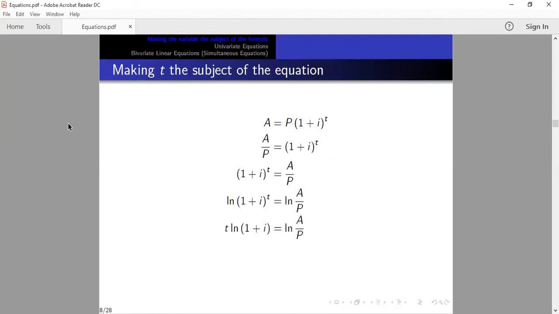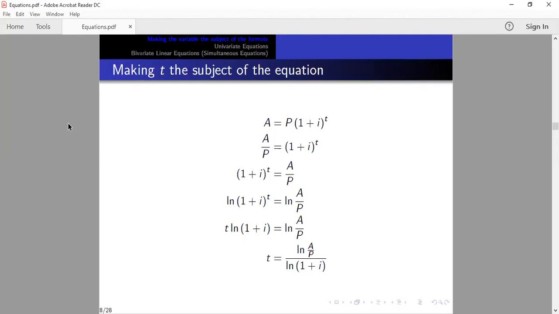Applying log rule number 1, which states that ln A to the power B is the same as B times ln A, we can now make that t come down and be a factor rather than an exponent. And now inside the log, there is nothing that has to do with t, meaning we can divide by that log. And this is the value of t that we obtain.